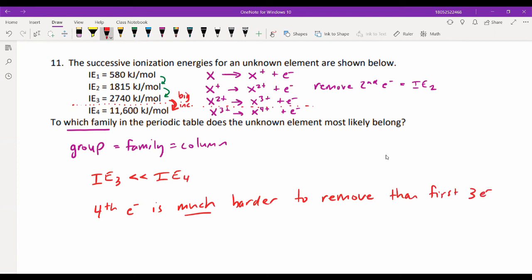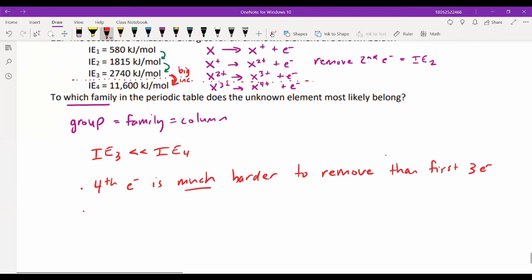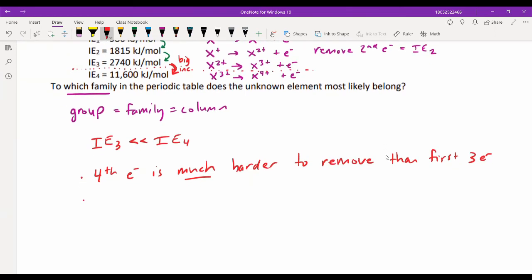Okay, so what that tells us is that the first 3 electrons are what we call valence electrons, and the fourth electron is what we call a core electron. That's much harder to remove.